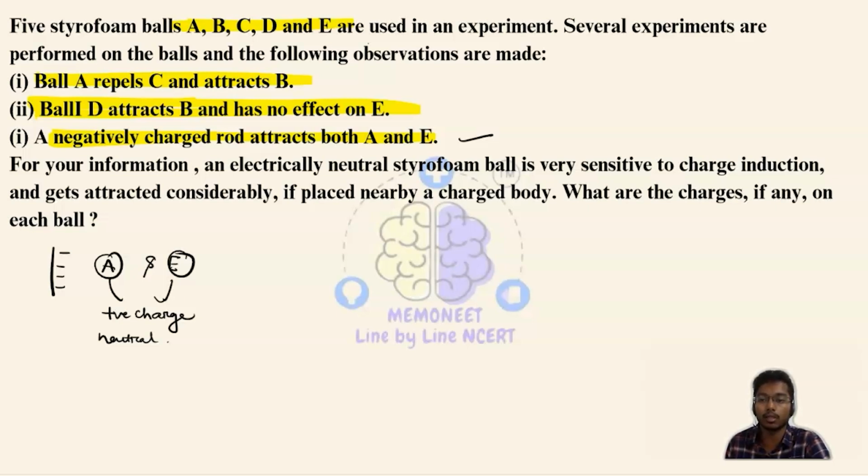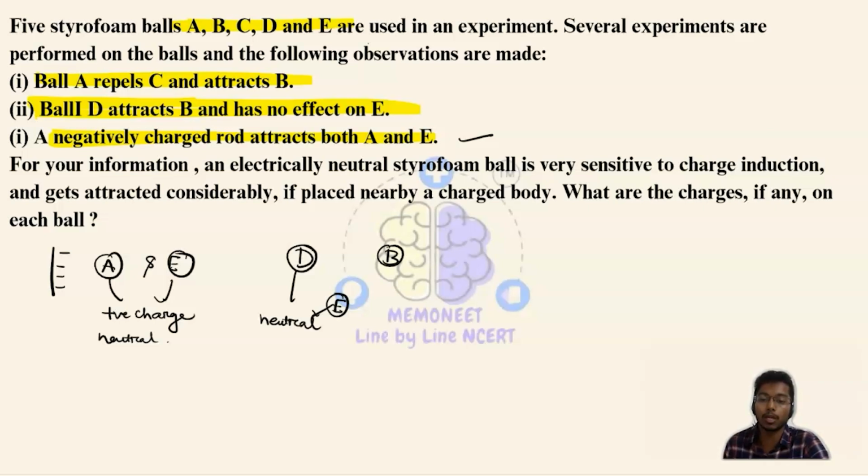Let's see the second condition, that is ball D attracts B and has no effect on E. So D, B and E. Here it is telling that it will have no effect on E. No effect means D must be neutral and E must be neutral, so that they have no effect.